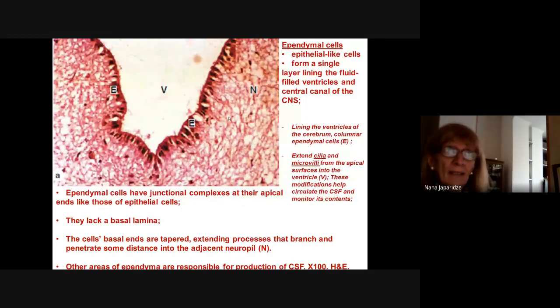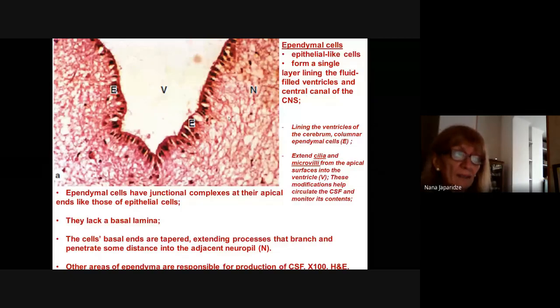Okay, ependymal cells, which are epithelial-like cells, and they line the inner surface of the ventricles and the spinal cord canal too. And they have cilia on their surfaces and microvilli too.